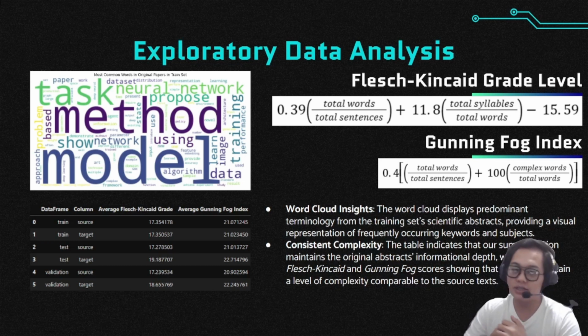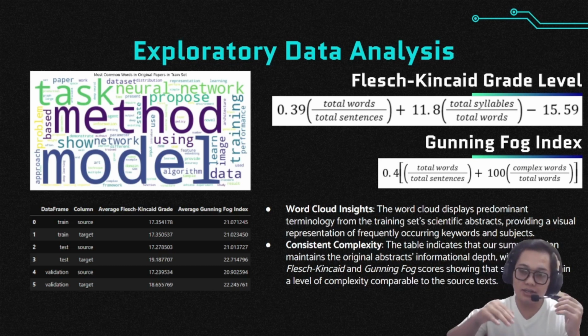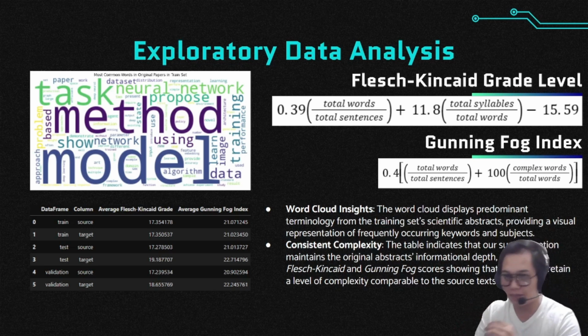And the second one is the consistent complexity. From the table on the right, on my right or your left, the table indicates that our summarization maintains the original abstract's informational depth, meaning by using the Flesch-Kincaid and Gunning Fog scores, the summaries retain a level of complexity comparable to the source text.